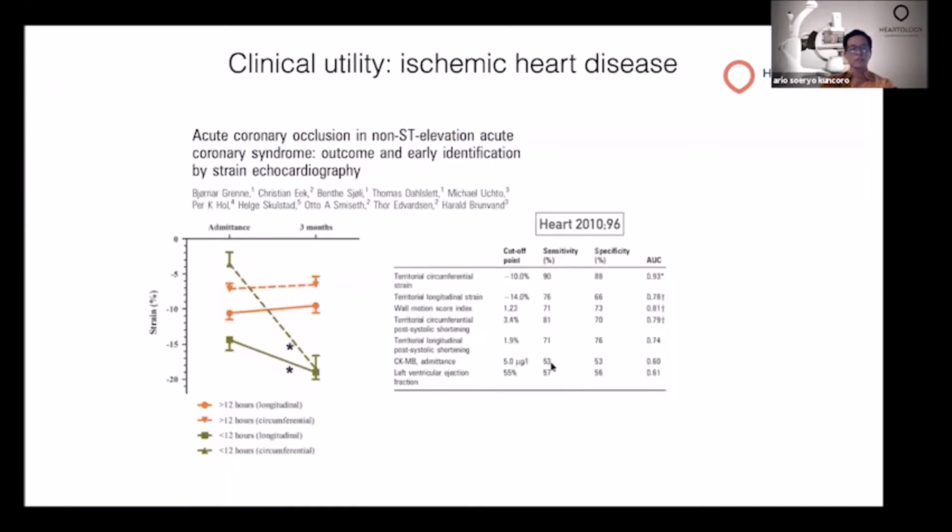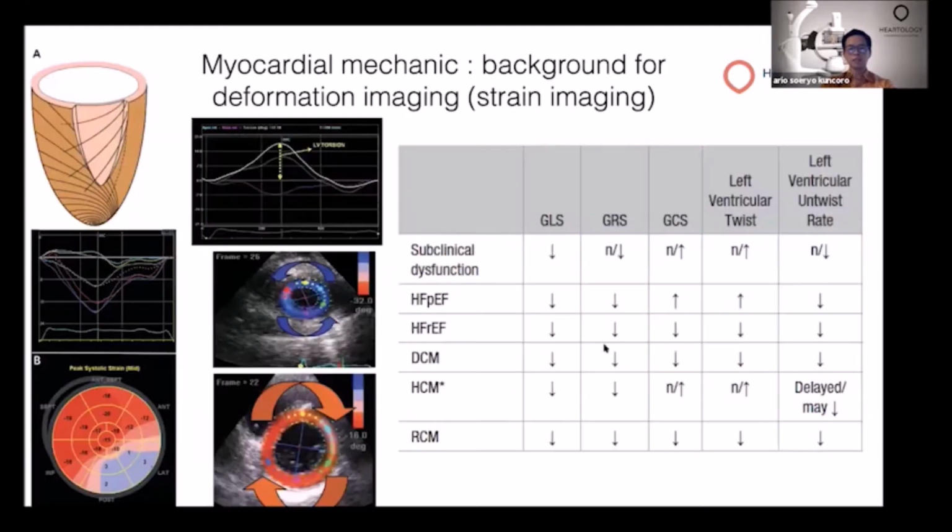And also, not to forget to mention that some cardiomyopathies have their own specific pattern, like amyloidosis, where strain imaging can really help to differentiate whether this is amyloidosis or not.